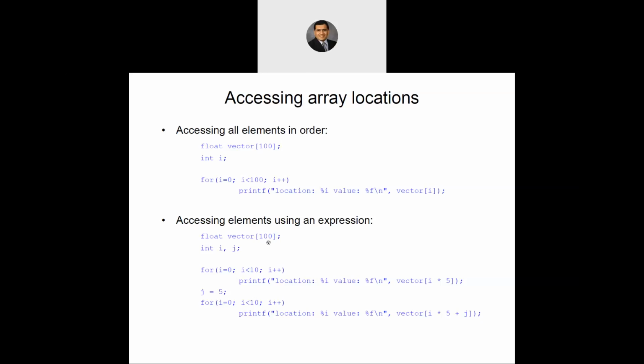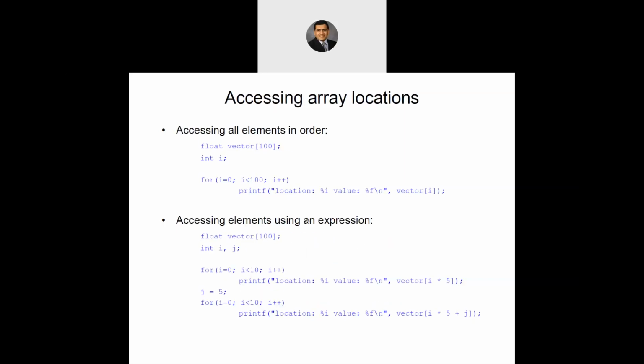Okay, using a for loop, I'm going to show the value multiplied by 5. In the second for loop, I'm going to show the value inside the vector multiplied by 5 plus j. J value is also 5. You can do all kinds of expression.